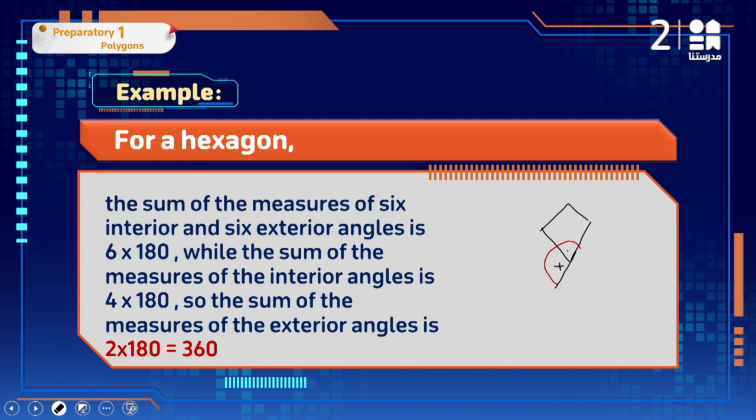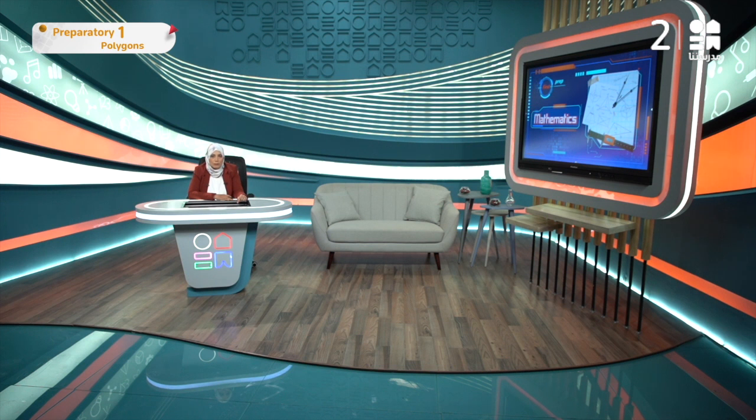Then, for a hexagon, the sum of the measures of the 6 interior and 6 exterior angles is 6 times 180. The interior and the exterior is always 180, so the sum of them is always 180. So 6 times 180.